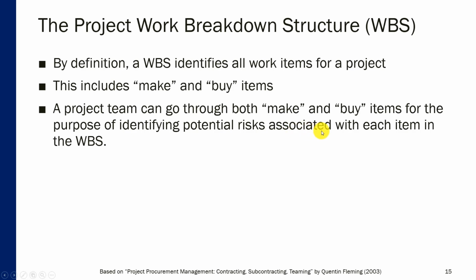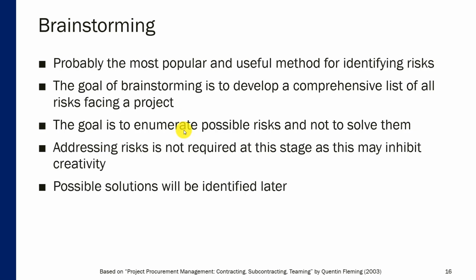So a project team can go through the work breakdown structure one item at a time and ask themselves, okay, what kind of risks do we see here? What are the things that can go wrong? Or if we're talking about positive risks, how can we benefit from a particular event that may happen in relation to this work item? So this is the kind of analysis that is done in relation to a work breakdown structure.